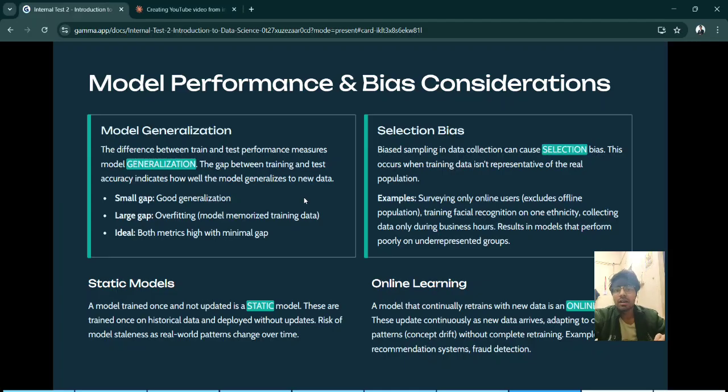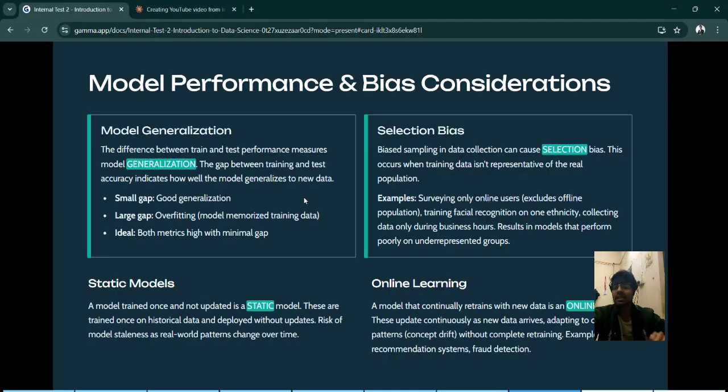For example, surveying only online users excludes people without internet, or training facial recognition on only one ethnicity, or collecting data only during business hours. The result is a model that performs poorly on unrepresented groups. It's a major source of unfairness in AI systems.